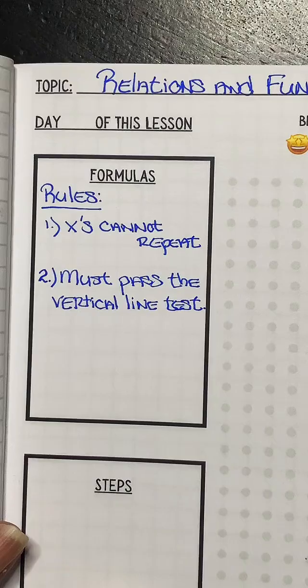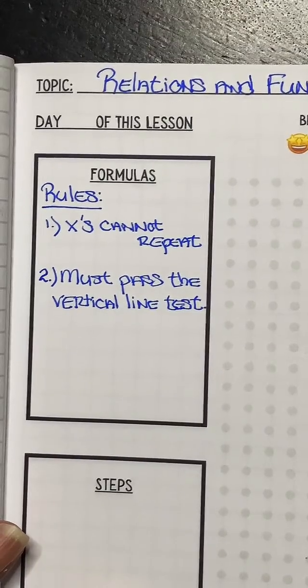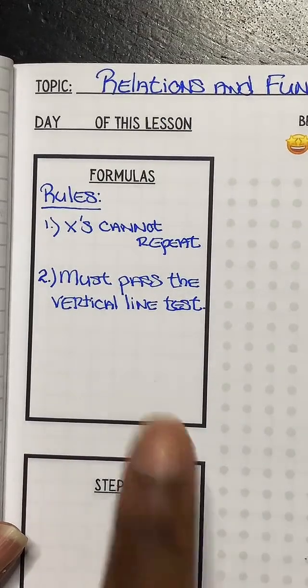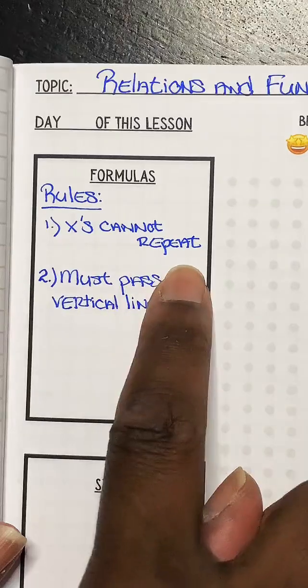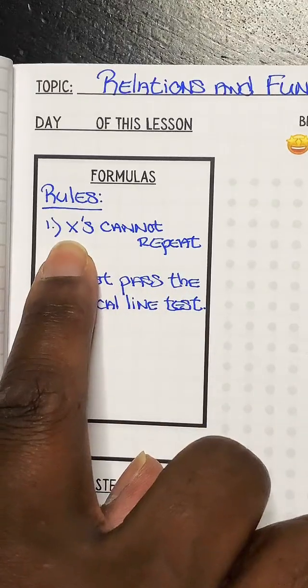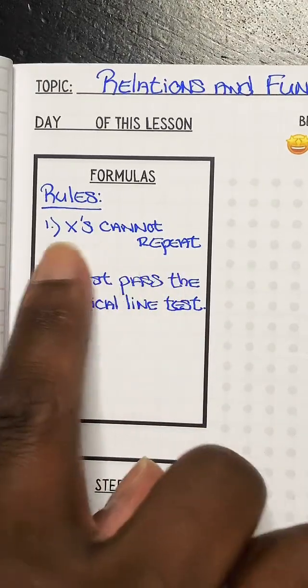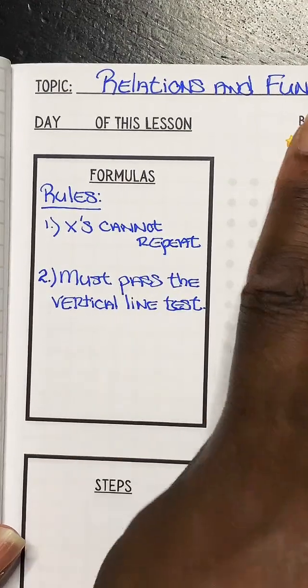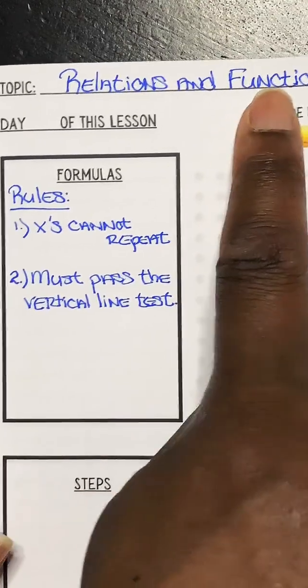If so, you should be giving that woman an award because there is no way it's going to be happening, right? So always take a glance to see if your x's are repeating. If it's repeating, then it's not a function.